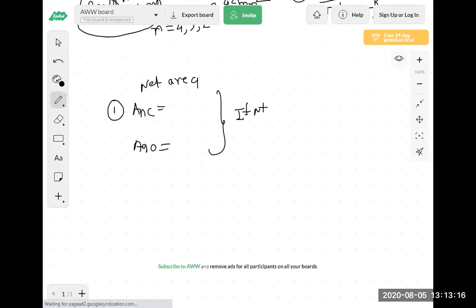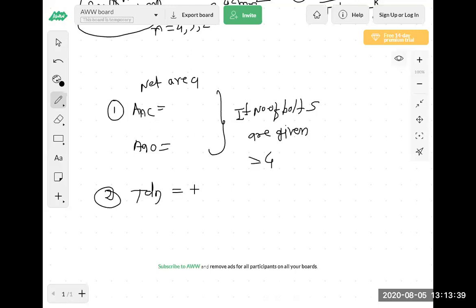If number of bolts are given in the problem statement. Now in our problem statement, 4 bolts are given. So we have to calculate ANC and AGO. That we have to keep in mind first. And second, if number of bolts are given, then in step number 5, TDN, we have to use the formula of beta.